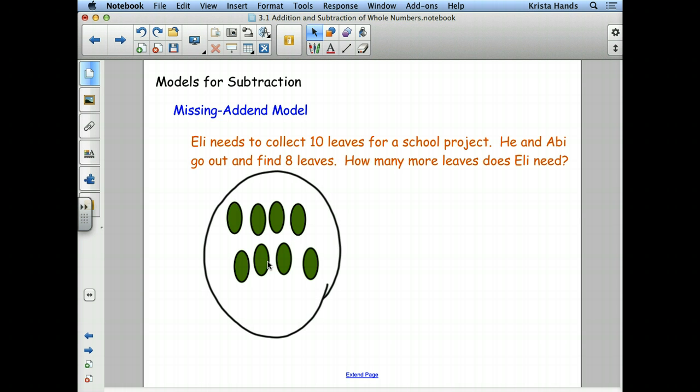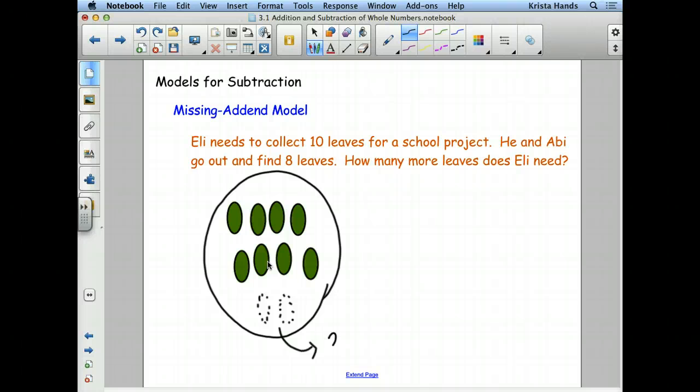But I'm missing some. I need some more to actually have 10. So I can draw a picture where if those objects were filled in green, I would have what I am actually needing, 10 of these objects. And the number of objects that I added to that picture to get me up to where I was would be my answer.